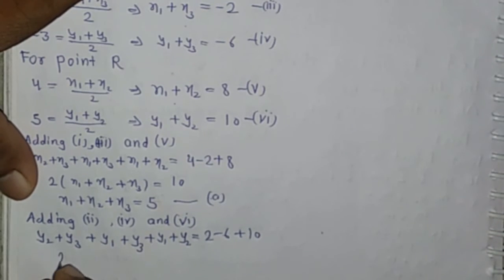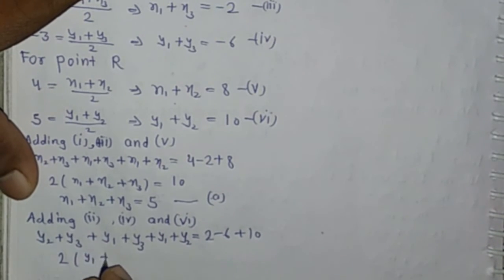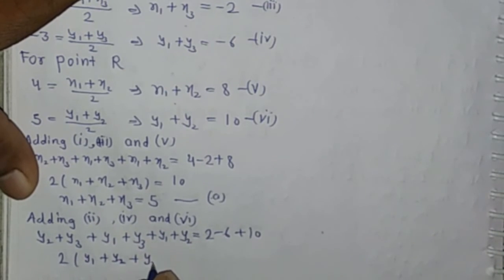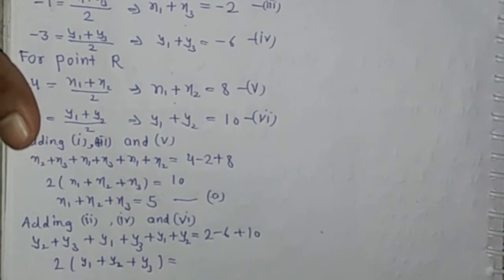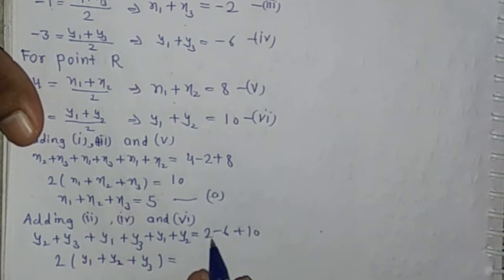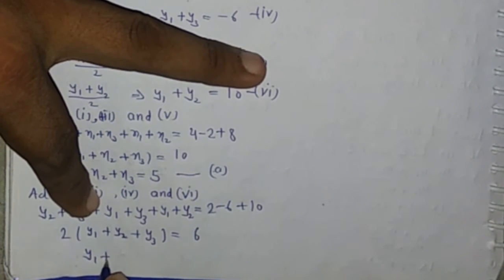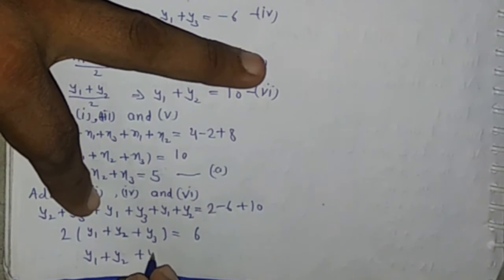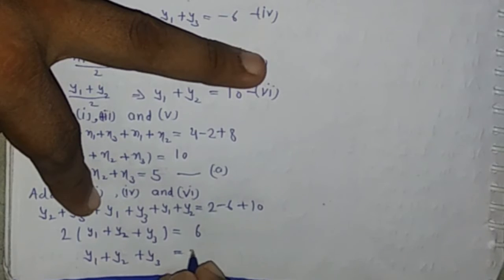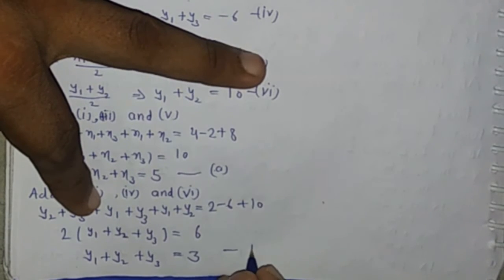Then it is 2 times (y1 plus y2 plus y3) is equal to 12 minus 6, that is 6, then the value of y1 plus y2 plus y3 is equal to 3. It is equation B.